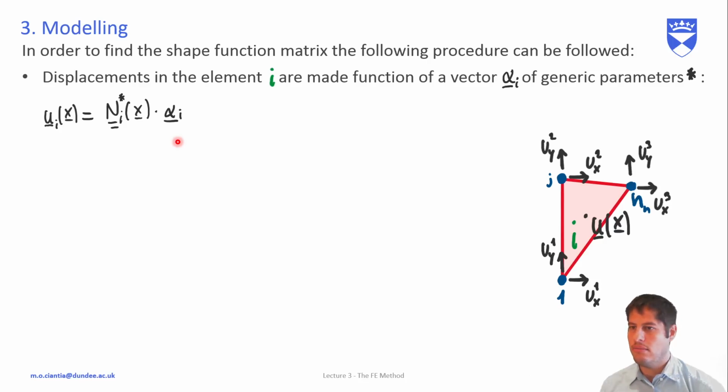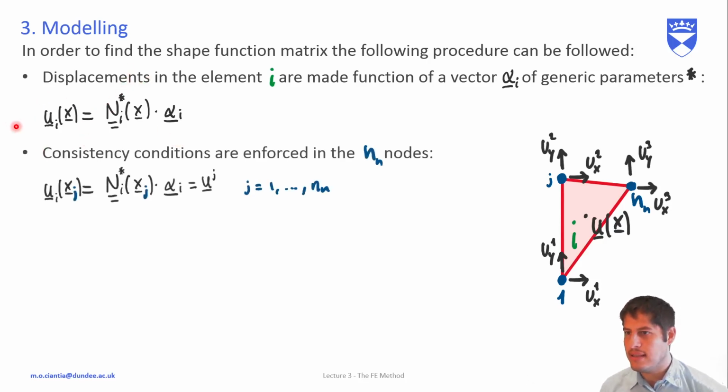Now, if this is the displacement in our element, then this displacement must be valid at the nodes. So we impose consistency at the nodes, at the nn nodes. We say the displacement of element I at the coordinates of my nodes, node j, for example in this point, in that point, and in that point, is equal to N at that location times alpha I. But what's the displacement at the nodes?